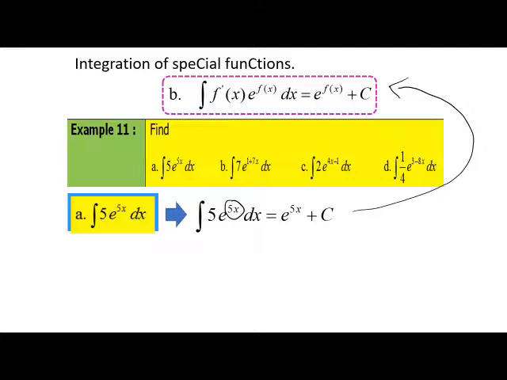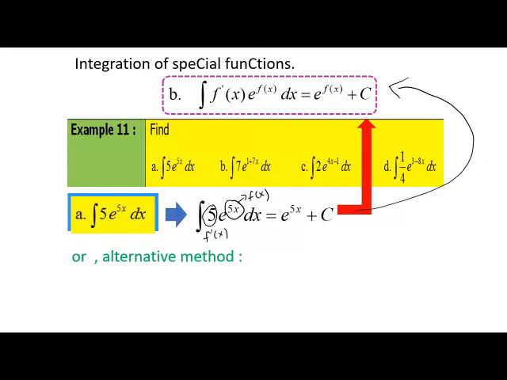And then when we differentiate 5x, we will have 5. So this is f prime x, and this one is f x. So that's why when we integrate, for our left side here, we're going to have e to the power f x. So f x here is 5x. So that's why we will have e to the power 5x plus c.